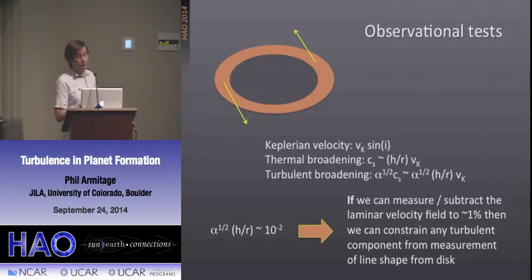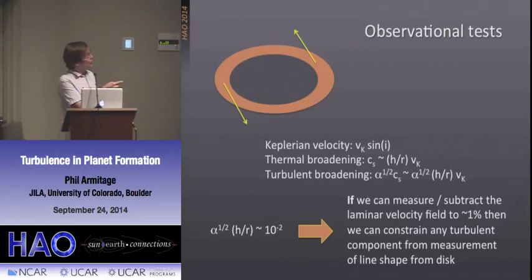And we can make a simple estimate of how strong those might be. Let's imagine we have an annulus of the disk in Keplerian rotation, and we observe that at some inclination angle i. Well, the Keplerian velocity, which is obviously going to be the largest thing we see, is going to be that Keplerian velocity times the sine of the inclination of the system to the line of sight.